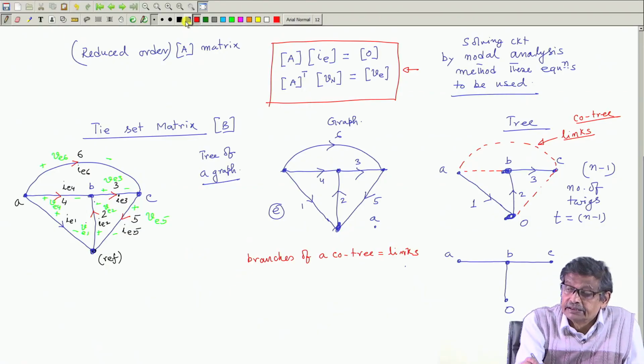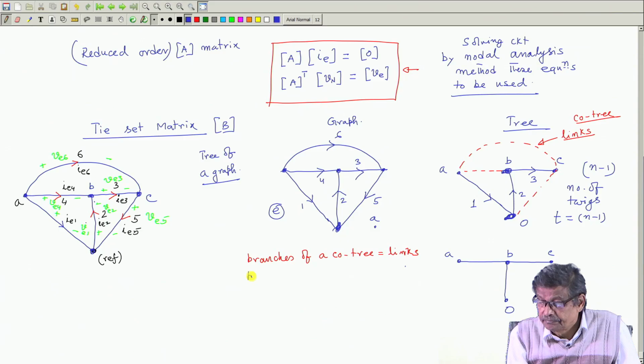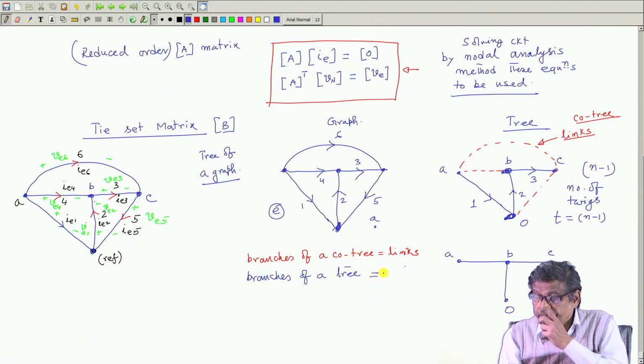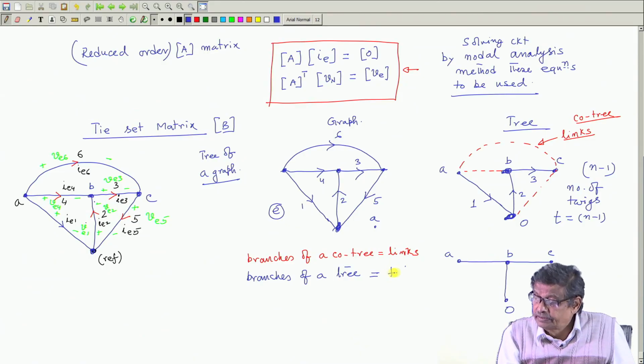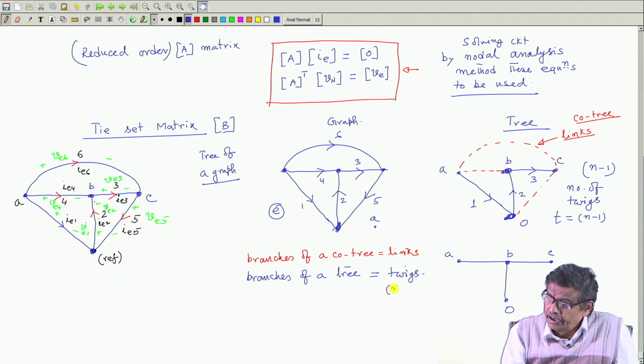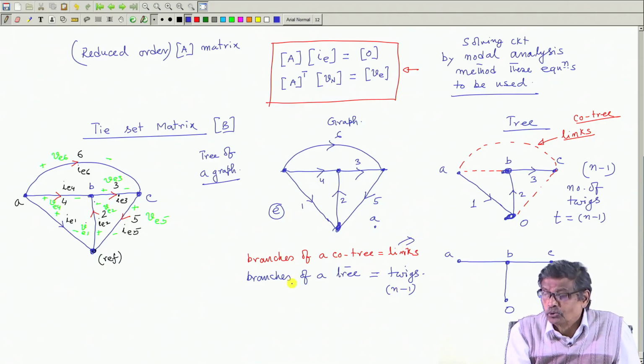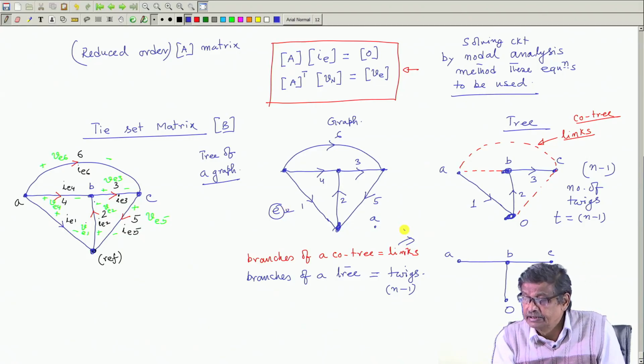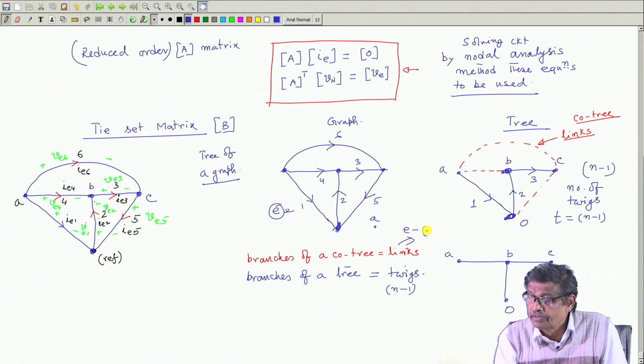Then branches or edges of a tree are called twigs. How many twigs will be there? n minus 1. How many links will be there? The total number of edges is E, therefore subtract n minus 1 from E.